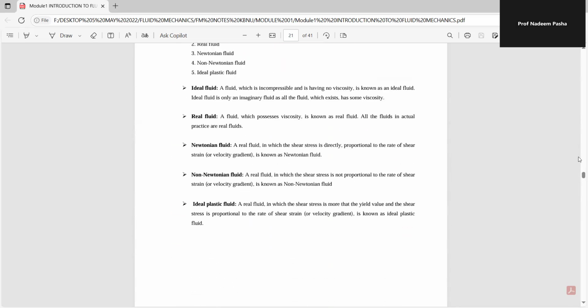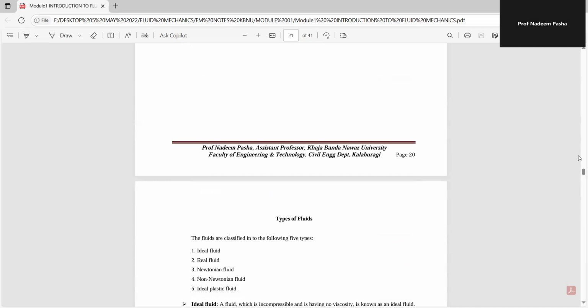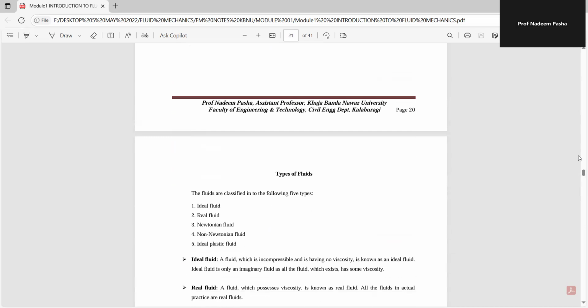And then we studied about different types of fluid: ideal fluid, real fluid, Newtonian fluid, non-Newtonian fluid, and ideal plastic fluid. So ideal fluid is nothing but a fluid which has no viscosity and it is incompressible. Although such type of fluid does not exist, we assume it for our study or research purpose. Next comes real fluid. Almost all the fluids which are available are real fluids only.